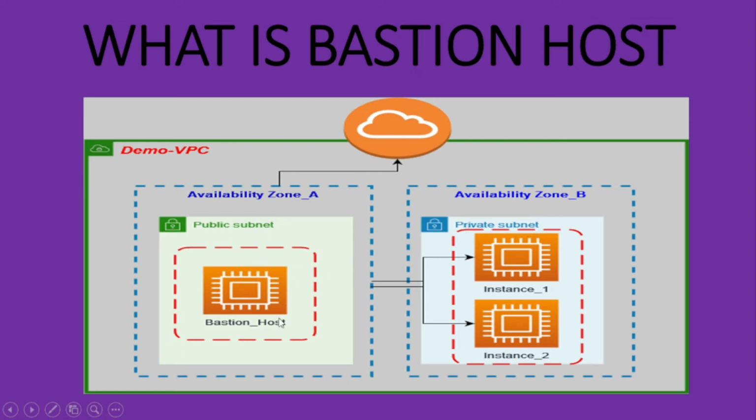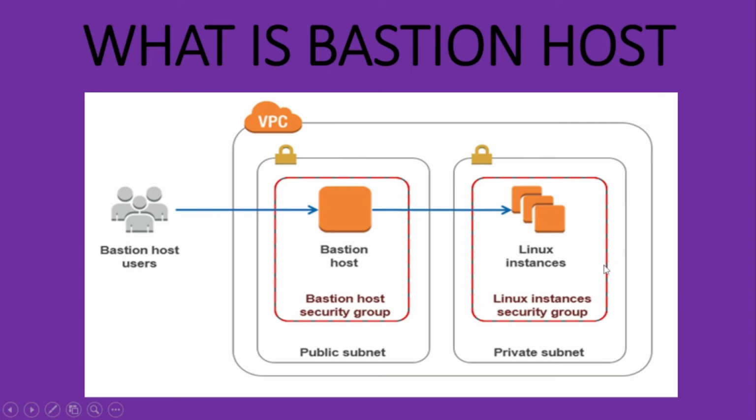We have created the Bastion host in the public subnet, and we have created two other EC2 instances, instance 1 and instance 2, in the private subnet. Now we would like to access these two Linux machines.